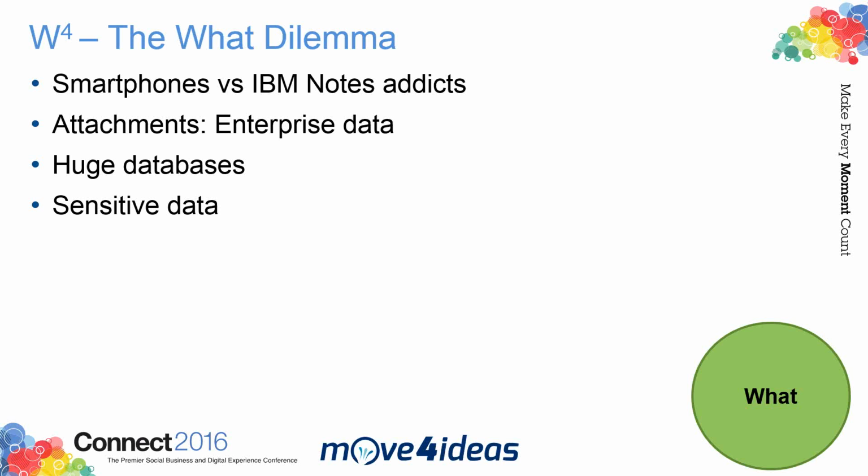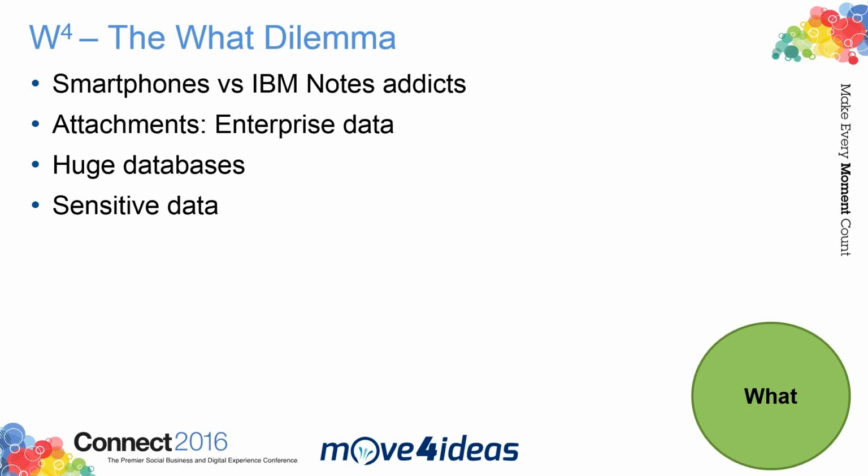The second point for you as an IT department will be the attachments. Enterprise data, or we will manage enterprise data with IBM Connections, for example, right? The third point is huge databases, or will we manage huge databases? And last but not least, sensitive data.